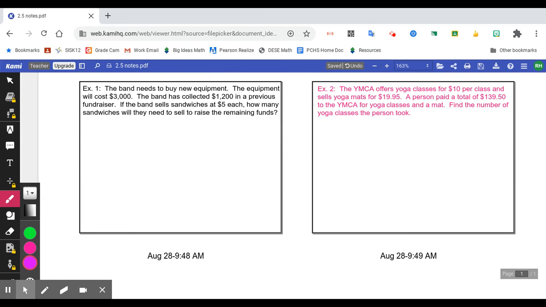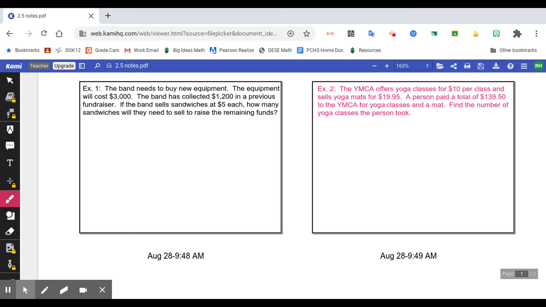The band needs to buy new equipment. The equipment will cost $3,000. The band has collected $1,200 in a previous fundraiser. If the band sells sandwiches at $5 each, how many sandwiches will they need to sell to raise the remaining funds? Okay, let's go back again.